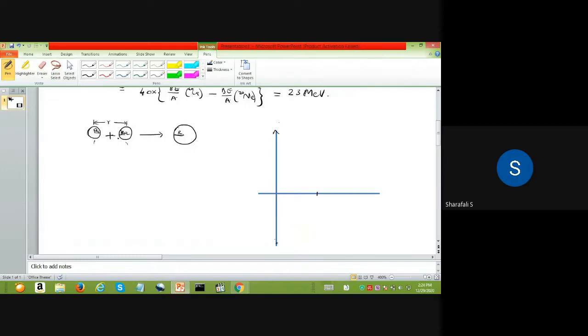The separation between these initial lighter nuclei is nothing but small r, and if you draw small r versus the potential curve, initially these two lighter nuclei are very far away, and the charge of these nuclei is positive.